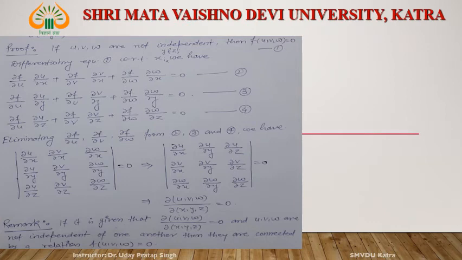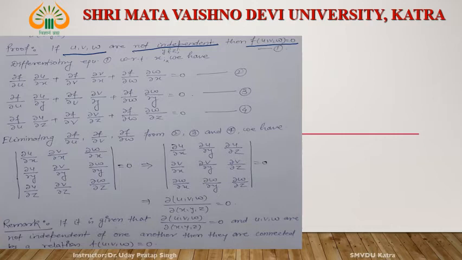Now you prove that. Let u, v, w be not independent. Let us assume that. Sorry, it is given that. Then they are not independent, it means they are dependent. They have some functional relation. Then f(u,v,w) is equal to 0. Right?